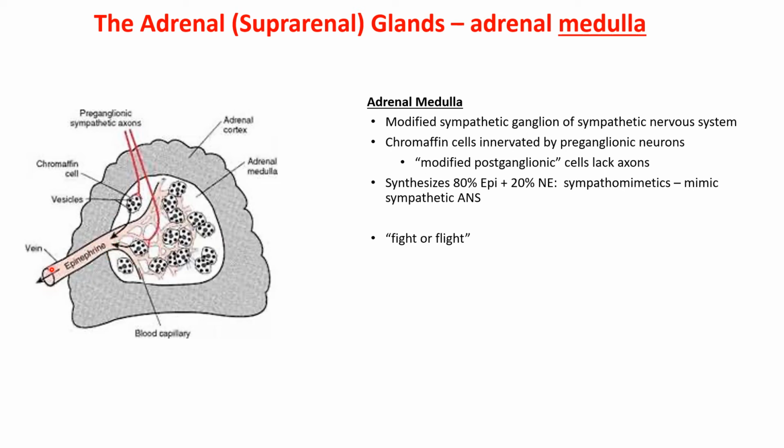So primarily epinephrine comes out of here, and it's going to be sending a big boatload of that into your blood supply, as opposed to the preganglionic nerves or the postganglionic nerves to their specific organ. That's going to produce more of a localized effect.